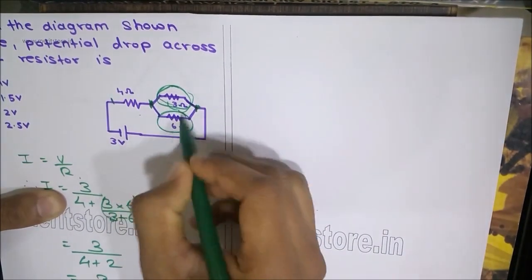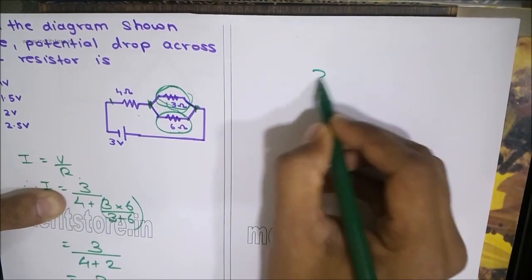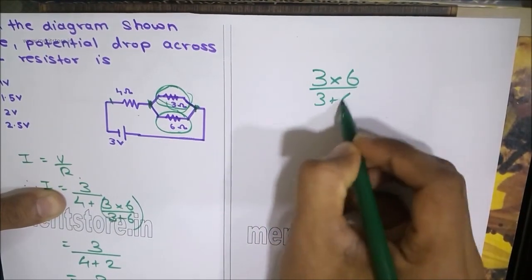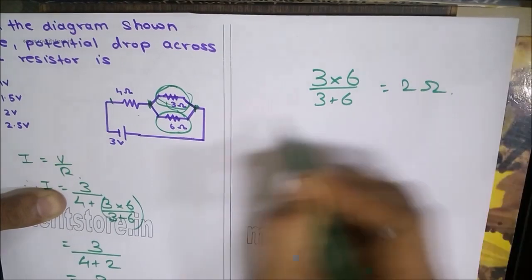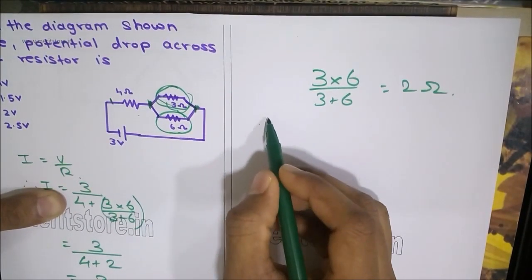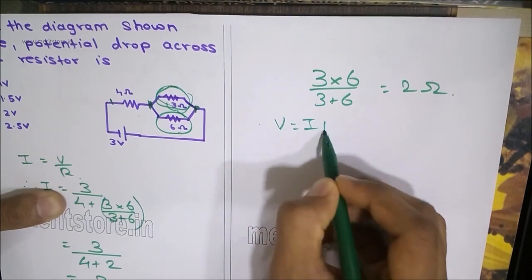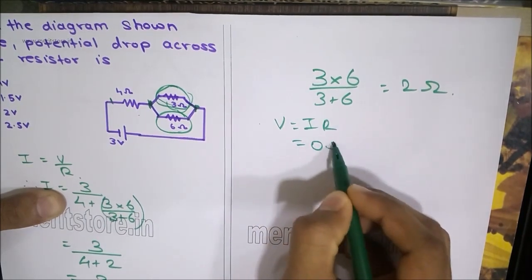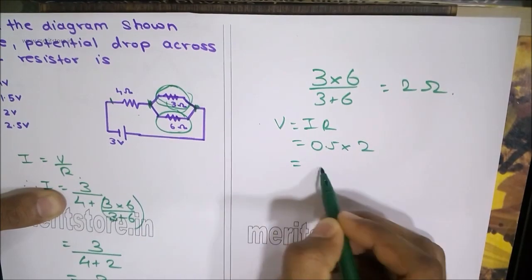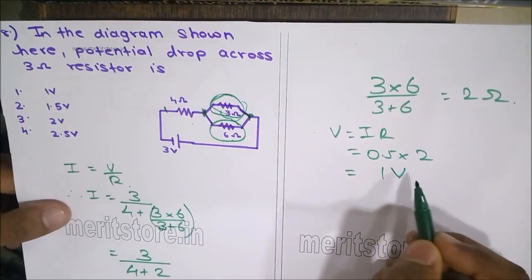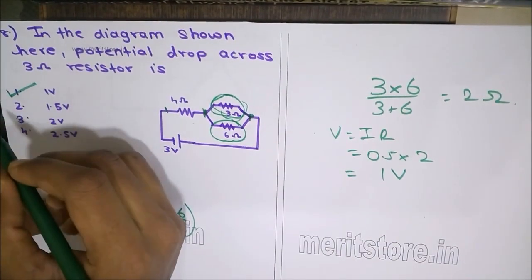So the effective resistance of this parallel combination is 3 into 6 upon 3 plus 6, which is 2 ohms. So the potential difference across the combination is I into R, which is 0.5 amperes into 2, which is 1 volt. So option 1 is the correct answer.